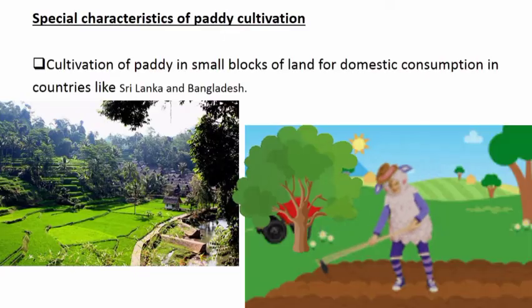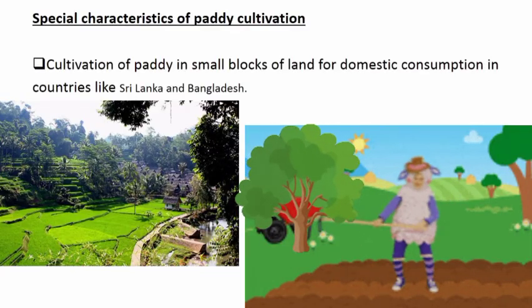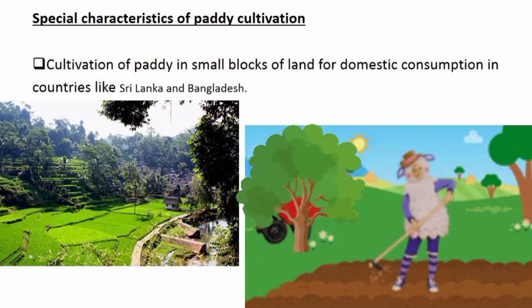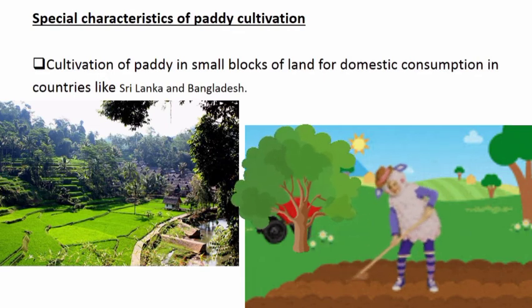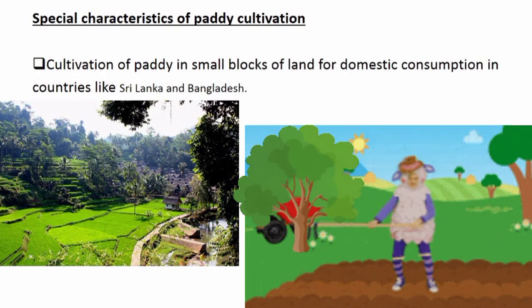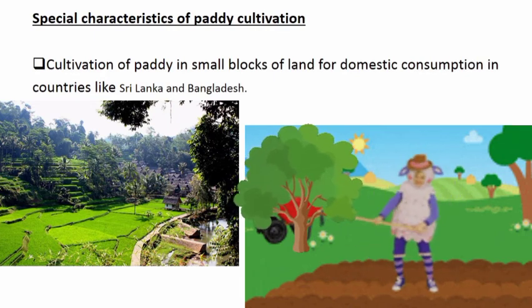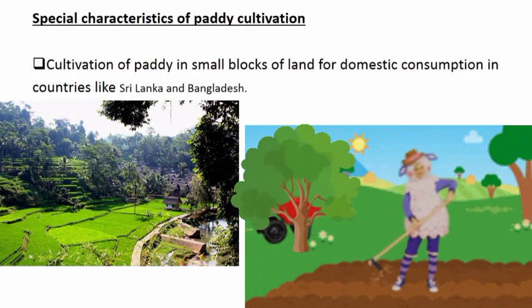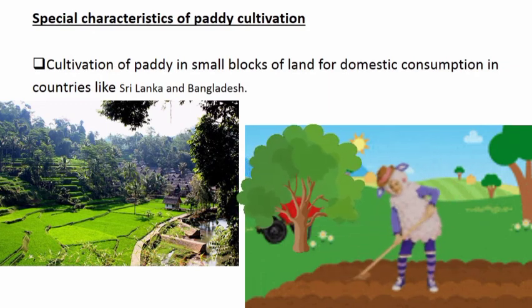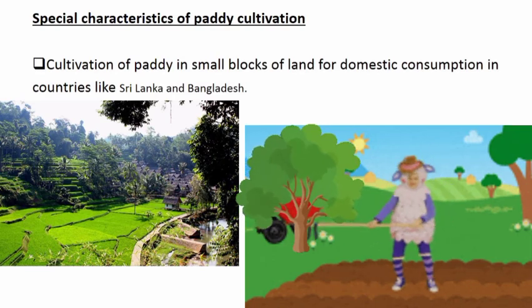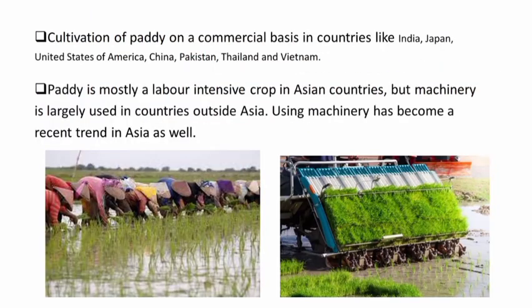Okay, now let's look at special characteristics of paddy cultivation. Cultivation of paddy in small blocks of land for domestic consumption in countries like Sri Lanka and Bangladesh. These countries are highly populated, so most farmers have small blocks of paddy fields.